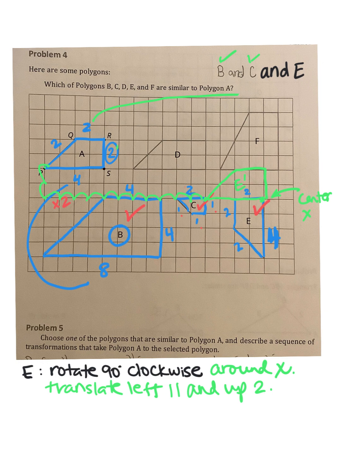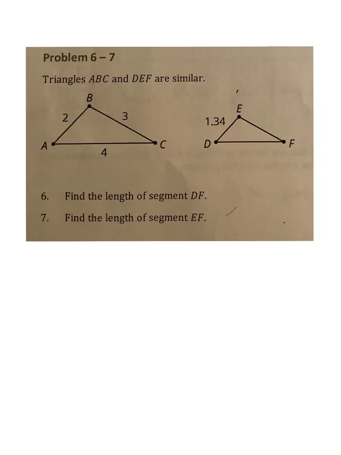And then translate left and up. Wasn't there an easier one? No, I guess not. And then the same thing for B. You'd have to dilate with a scale factor of 1/2 to get it back to its original size, and then translate up and left. Okay, so you have 3 that you could have worked with there.